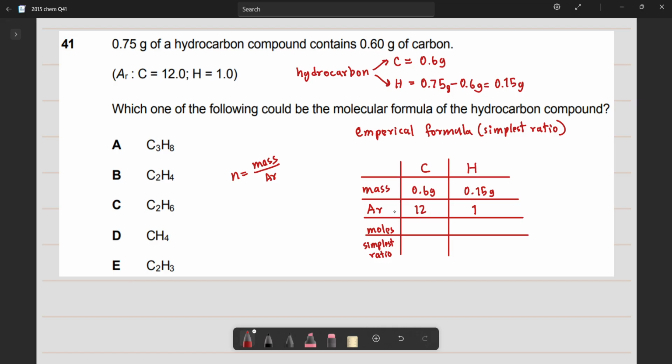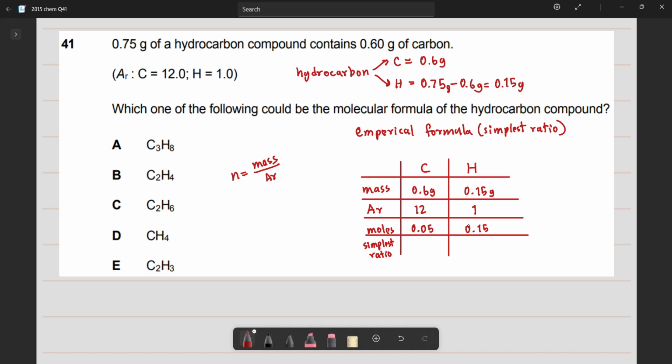We'll divide 0.6 by 12, which gives us 0.05 moles, and for the hydrogen it's simply 0.15 moles. Now we divide the numbers by the smallest number, which is 0.05.